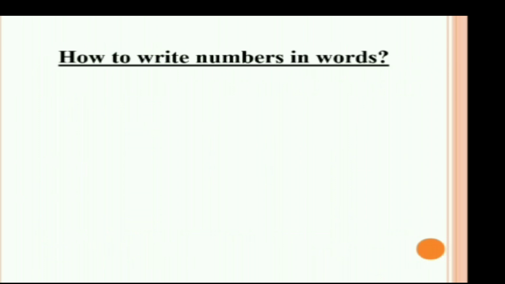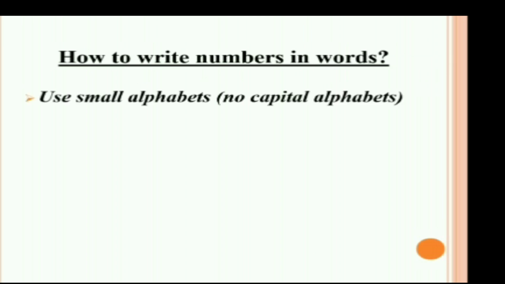Let's learn some rules of writing numbers in words. The first rule is to always use small alphabets. It means you cannot use any capital letter while writing numbers in words.